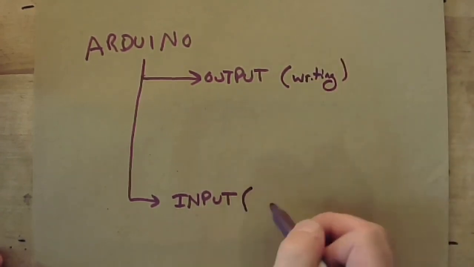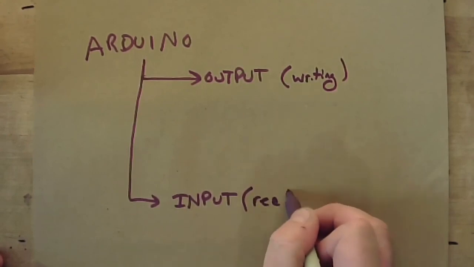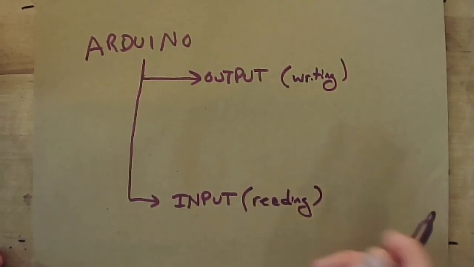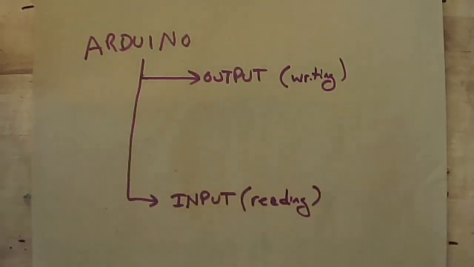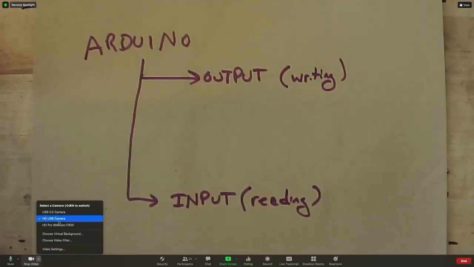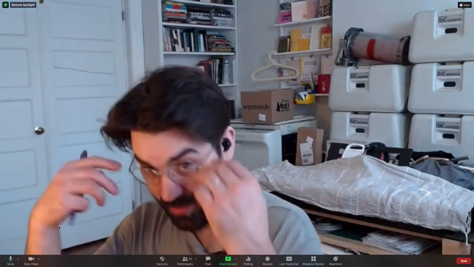And for input, this is reading. Right? Reading, you input knowledge, knowledge goes into you, and when you write, you're exporting knowledge. So like in and out, that should be hopefully a logical relationship there.